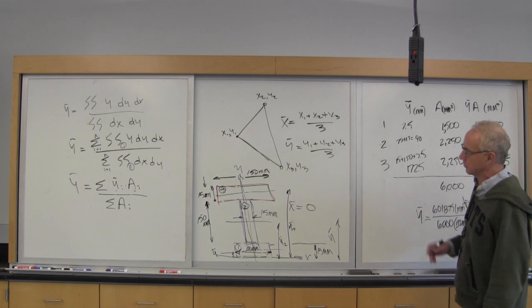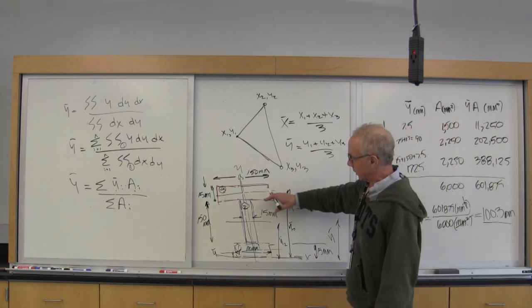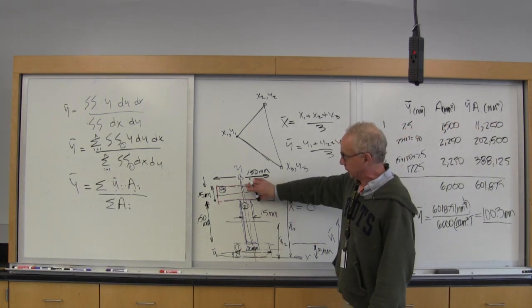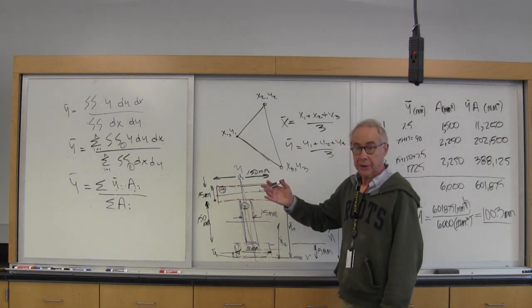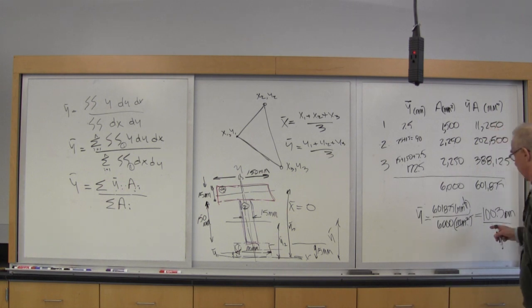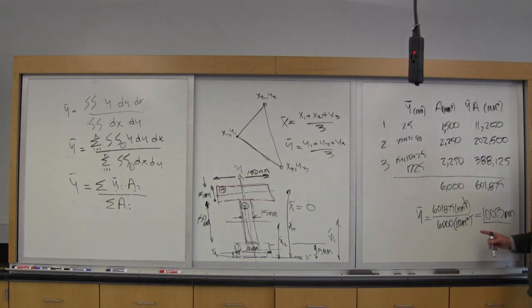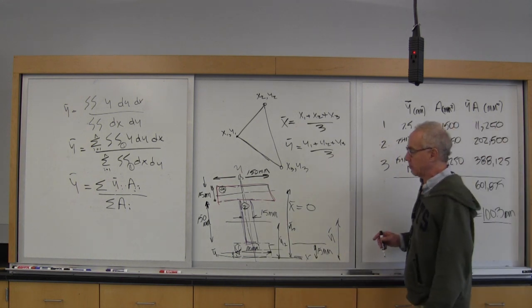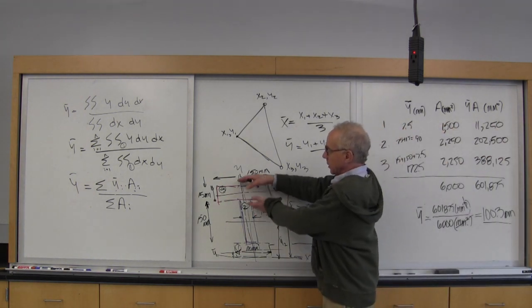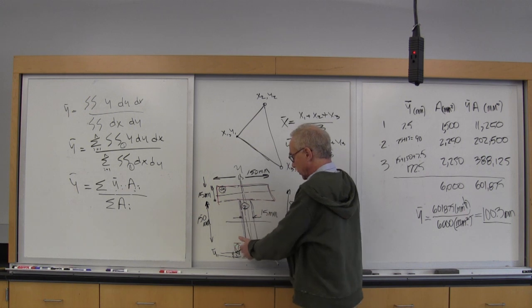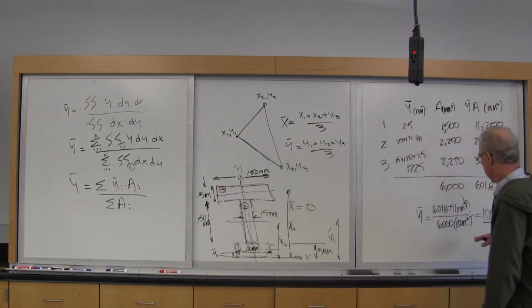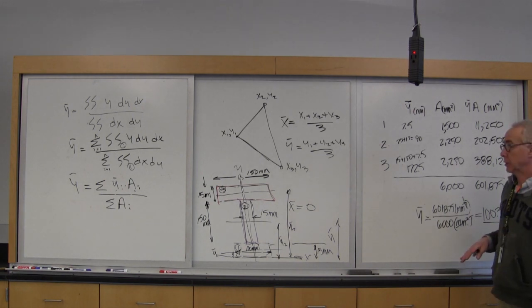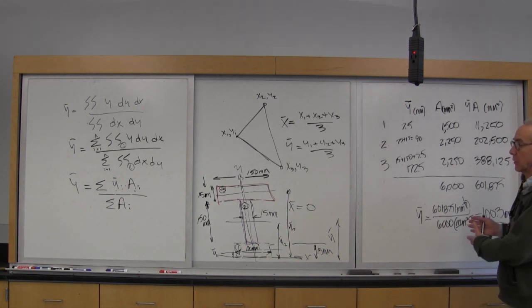You'll notice the overall dimensions are 30, 15, 15, 30, 150, 180, and this is slightly more than half of that 180 millimeters. And it makes sense because more of our mass is up here where we have a wider flange than at the bottom. So this makes sense intuitively, and in fact it is the correct answer.